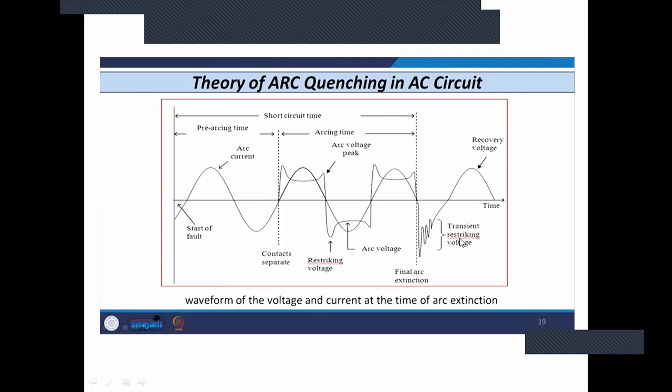Transient restriking voltage, final arc extinction. This is the waveform of the voltage and the current at the time of the arc extinction. So the voltage is now recovered. This is the short circuit time period.